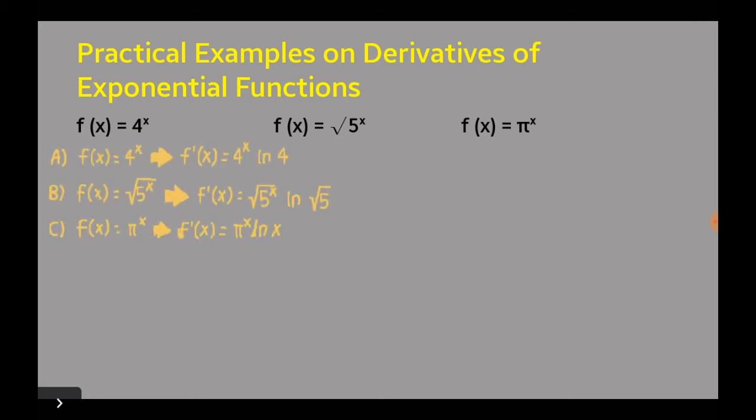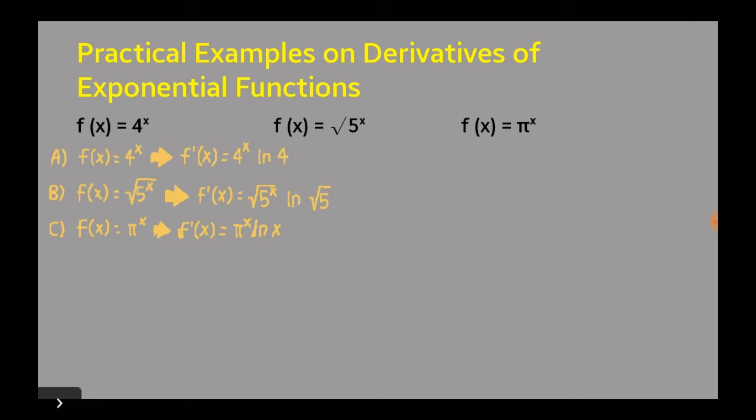Practical examples on derivatives of exponential functions. Here, f of x equals 4 to the power of x. When we differentiate it, f prime x is 4 to the power of x ln 4.